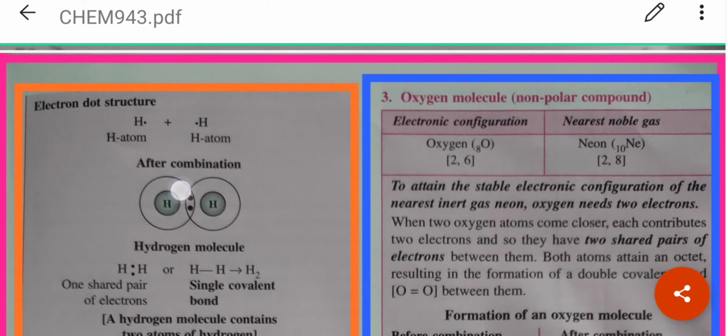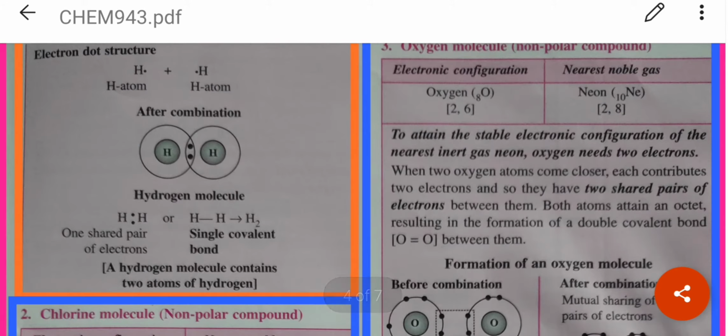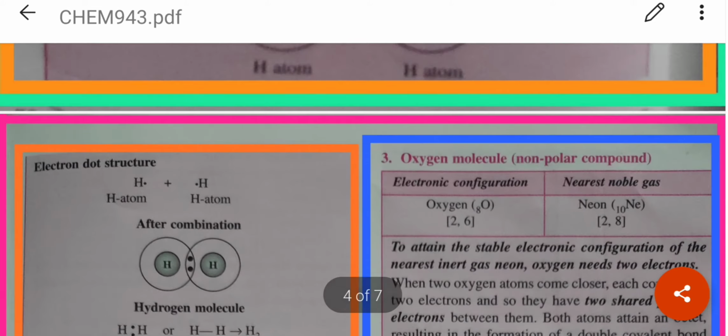When they combine, they share the 2 valence electrons. In that case, a single covalent bond is formed between 2 hydrogen atoms, leading to the formation of a hydrogen molecule. Now this is the electron dot structure. Electron dot structure means the number of valence electrons is shown by dots.